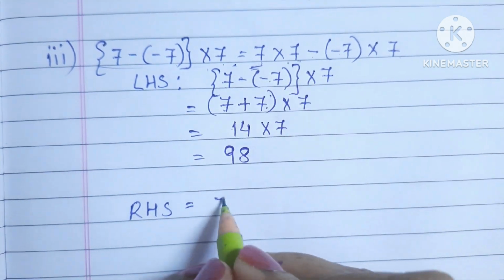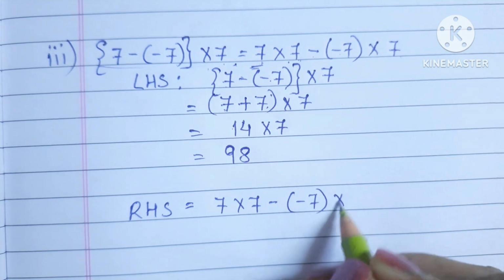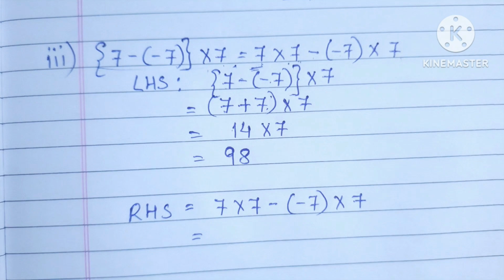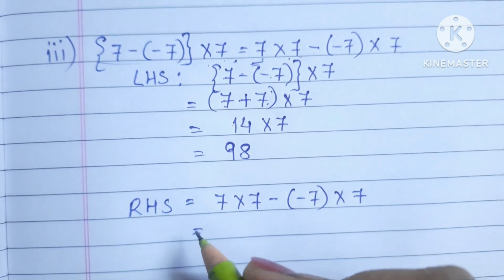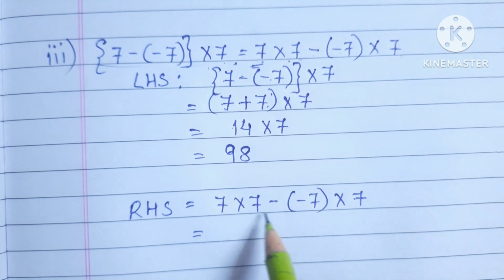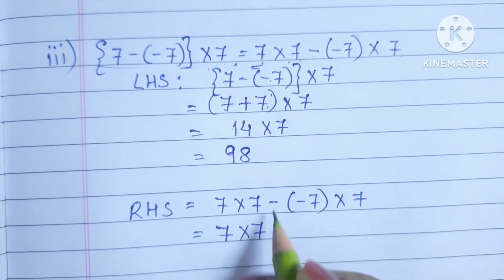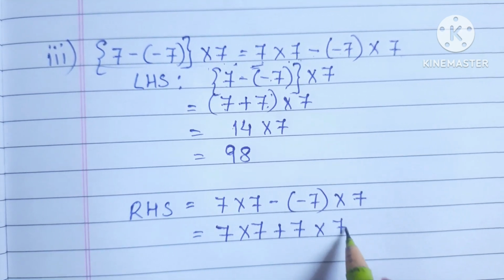7 multiplied by 7 minus the bracket minus 7 multiplied by 7. So we shall open the bracket here. 7 multiplied by 7 minus minus gives me plus 7 multiplied by 7.